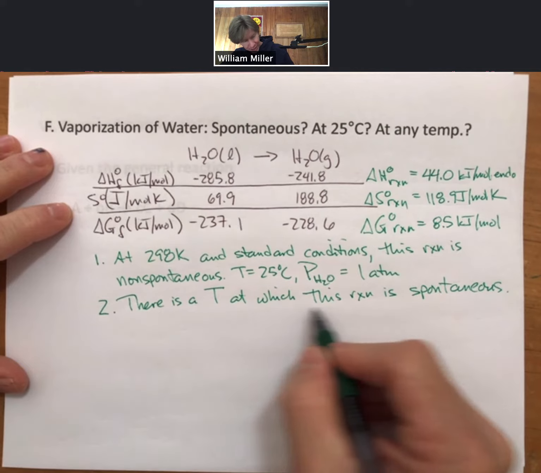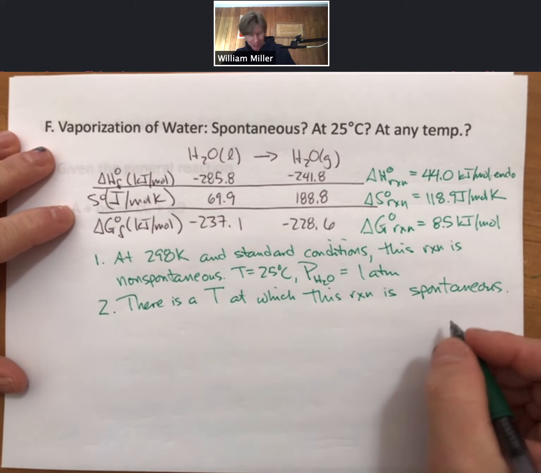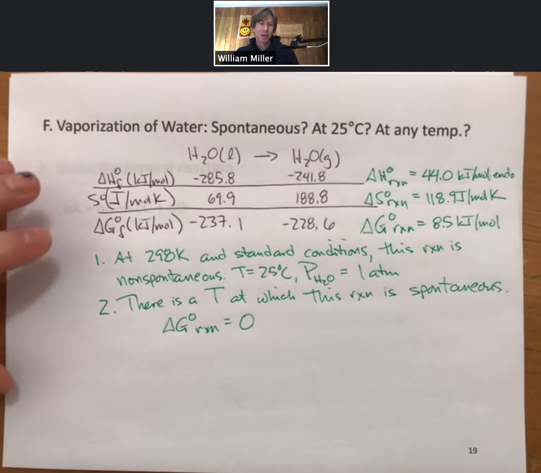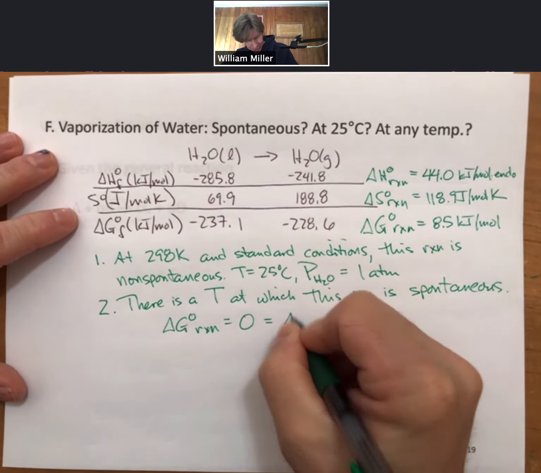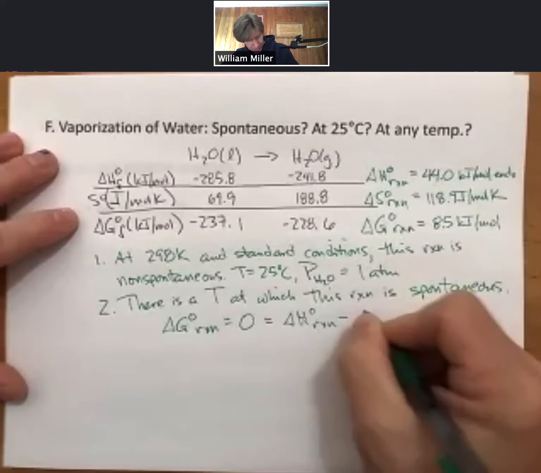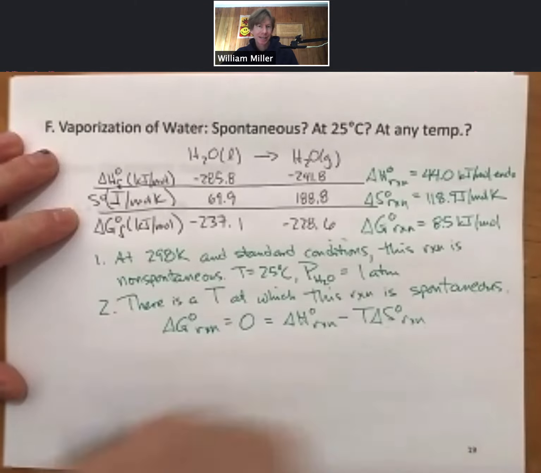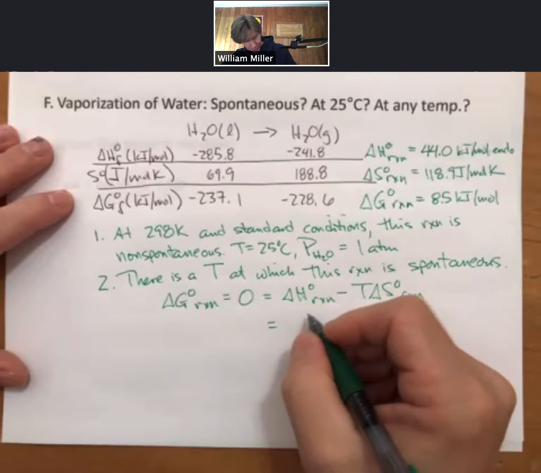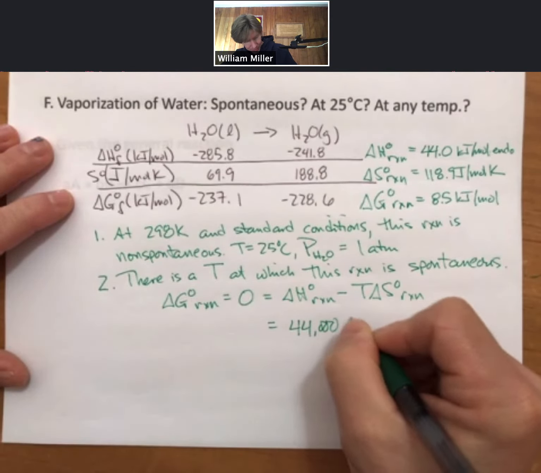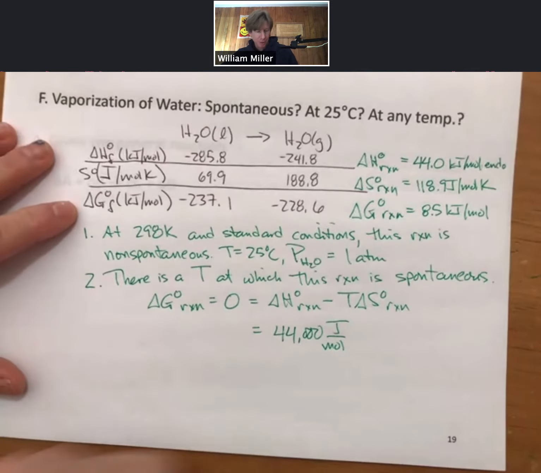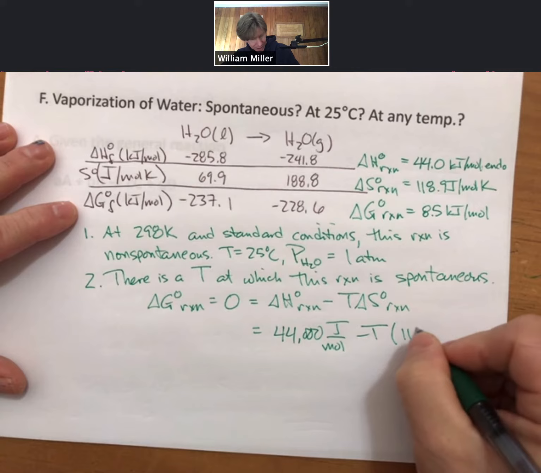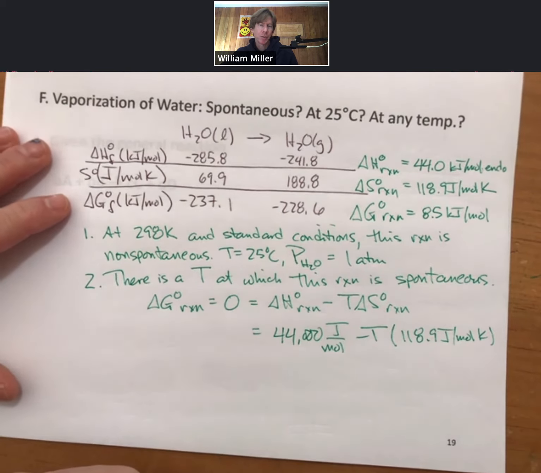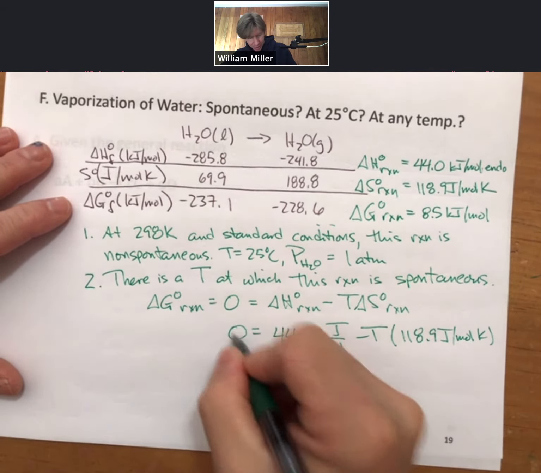To find the temperature at which the reaction is spontaneous, you set delta G equal to 0. You plug in your values for delta H and delta S, and then you solve for temperature. We have 44,000 joules per mole minus T times 118.9 joules per mole Kelvin equals 0.